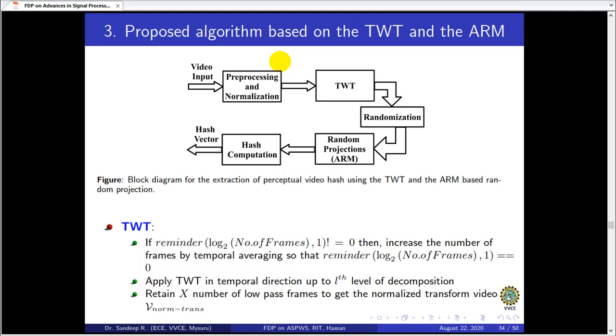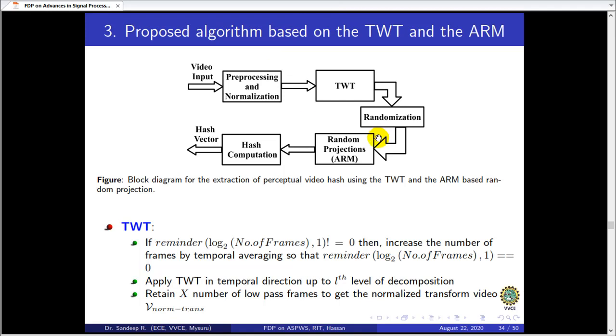That is, we have applied a one-dimensional discrete wavelet transform in the temporal direction to extract the relevant features from the video. Now, depending on the number of frames, the number of decompositions may be different, but finally we select the low pass frames such that the spatial dimension and the temporal dimension are the same.